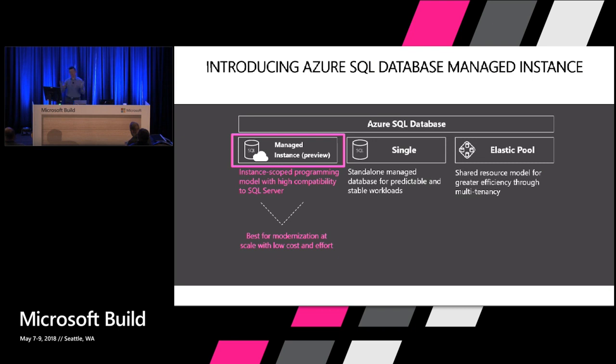And then we see that that's the reason why it's really the best option for modernization of existing applications at a low cost. Why? Because first, it's really close to SQL Server when it comes to the supported features, and second, it provides the best possible TCO.